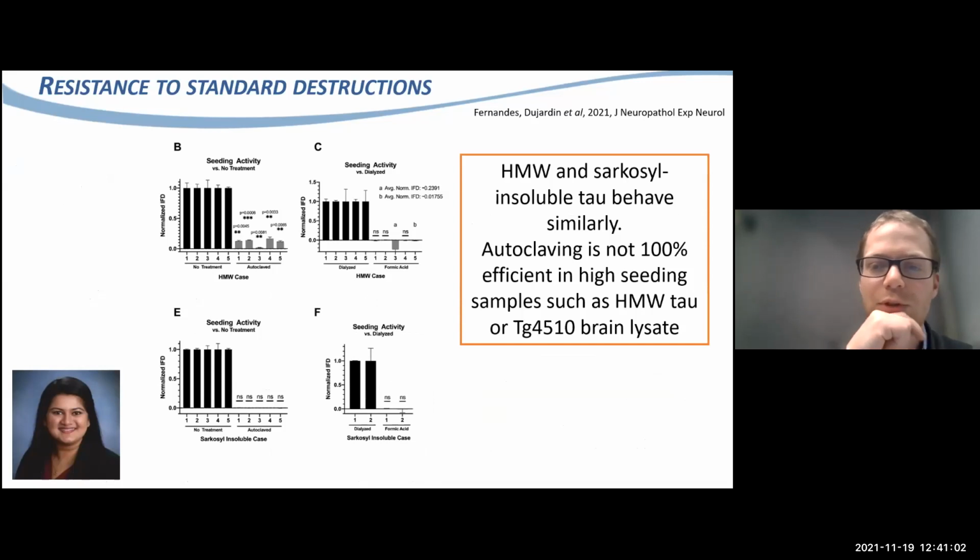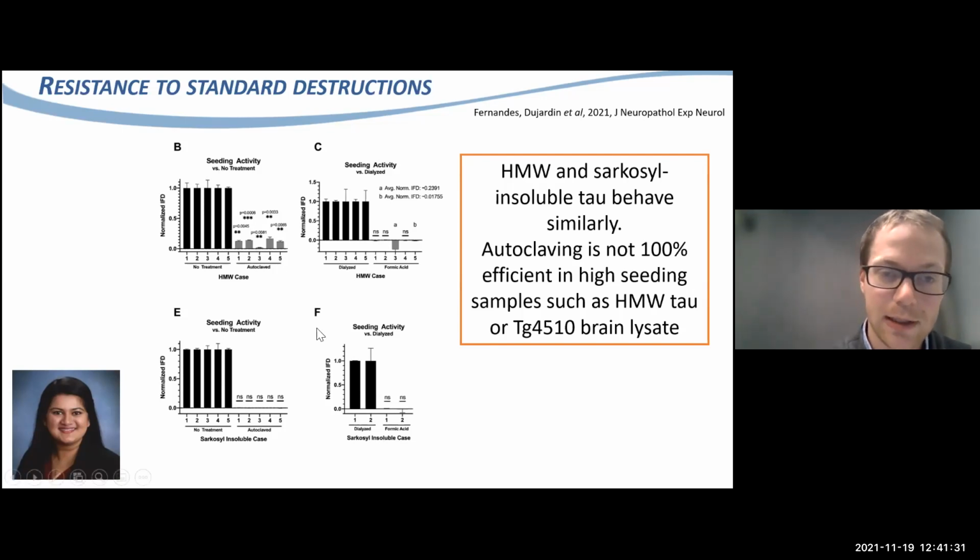A bunch of labs use something called sarcosyl insoluble tau, which is, for instance, what's used to show these cryo-EM images that I showed at the very beginning of this talk. We compared high molecular weight versus sarcosyl, and they are very, very similar in terms of autoclaving and formic acid.